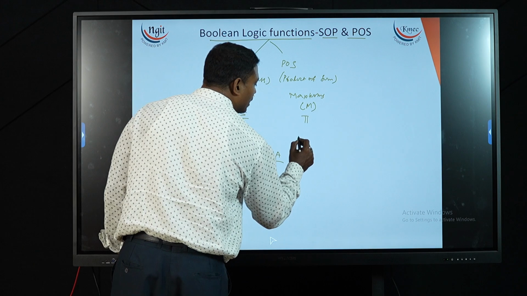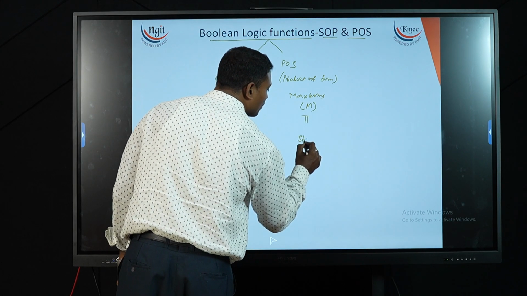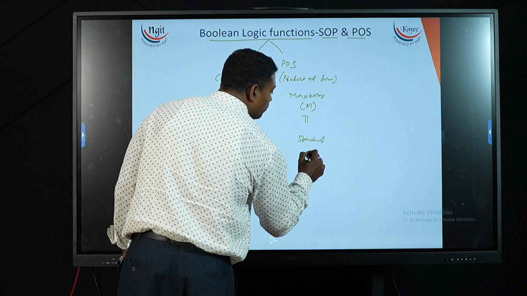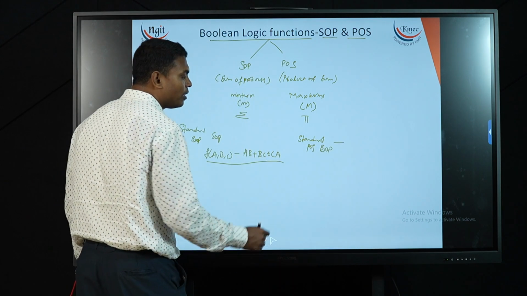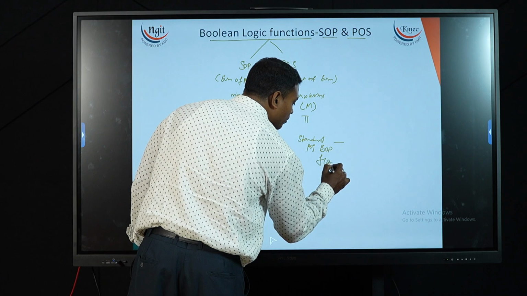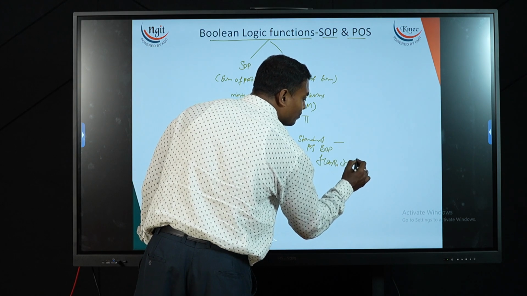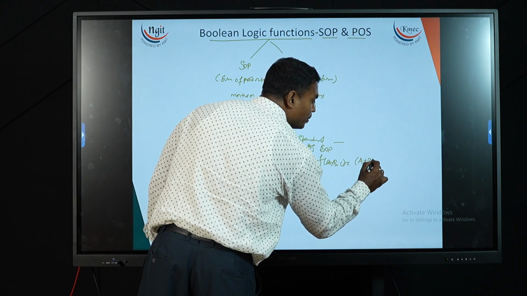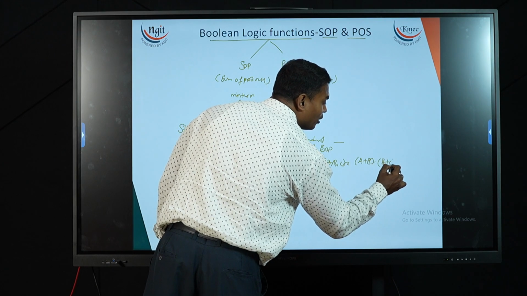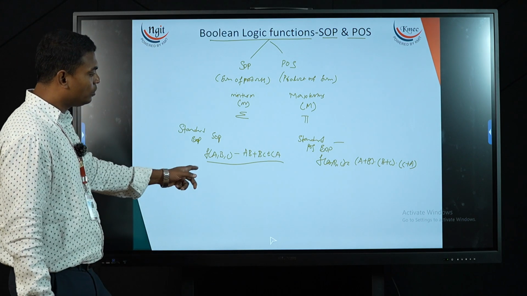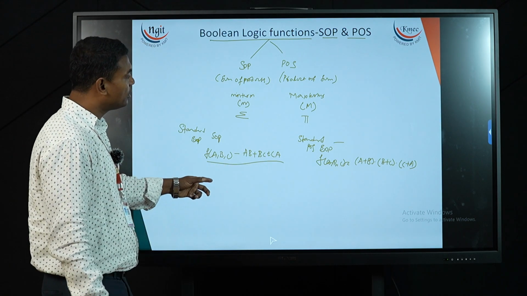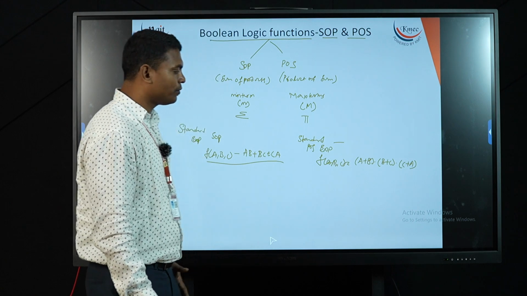Whereas a standard POS expression can be represented as f of a, b, c is equal to (a plus b) dot (b plus c) dot (c plus a). So you have two different expressions. This is sum of products, this is product of sums.